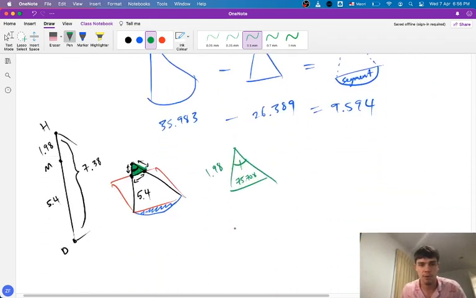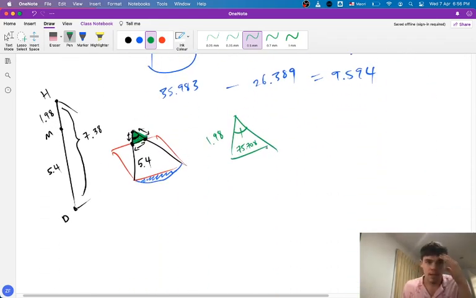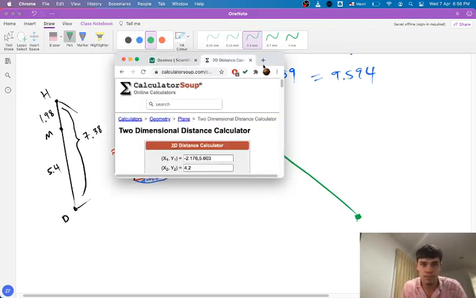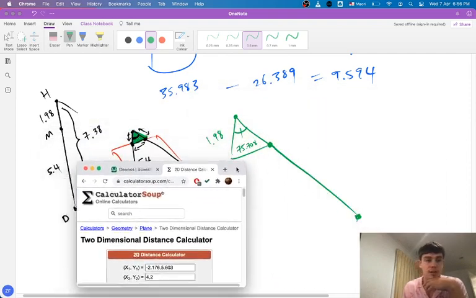Dang it, I can't be bothered working it out. Pretty much, if you weren't lazy like me, you would have worked out this length, and you're going to need to minus that part off. Oh, let's just do it in that little calculator thing. If only you guys could cheat like me.